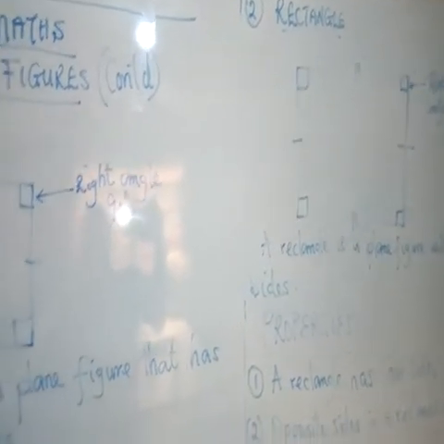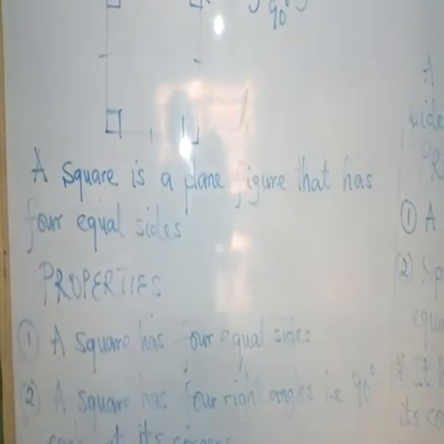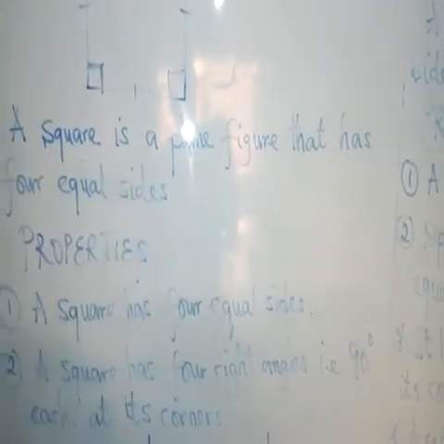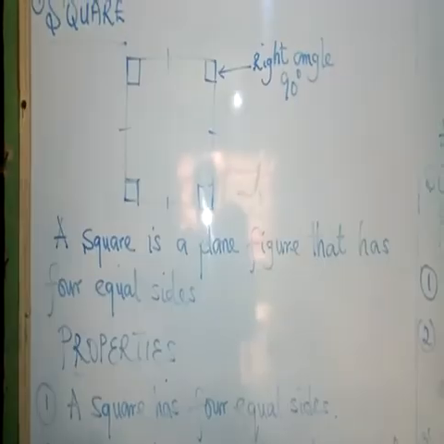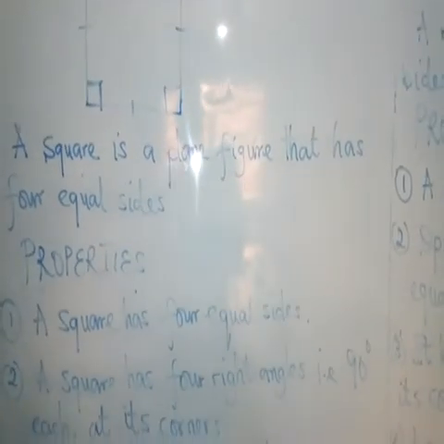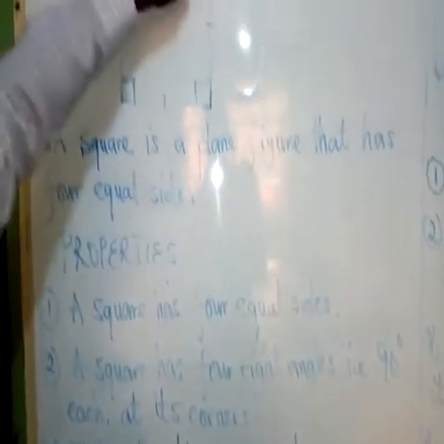Square. Let's take a look at the square. A square is a plane figure, which we know. If you look at the diagram, you can see that it has four sides. This is what we refer to as the side. Now, let us look at the properties of a square. First, a square has four sides.